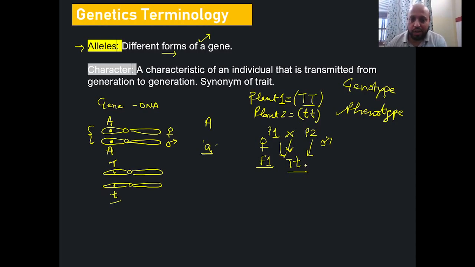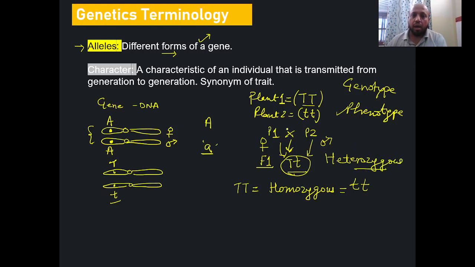It also leads to another definition: the capital T and T plants are called homozygous because they have the same types of alleles, and a small t plant is also homozygous. But this individual, which has two alternative forms of the gene, or two different alleles, is called heterozygous.